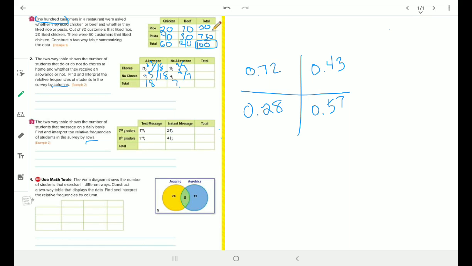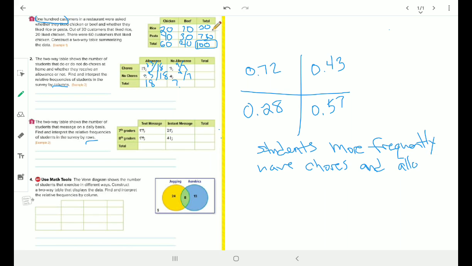So students more frequently have chores and allowance than chores and no allowance.